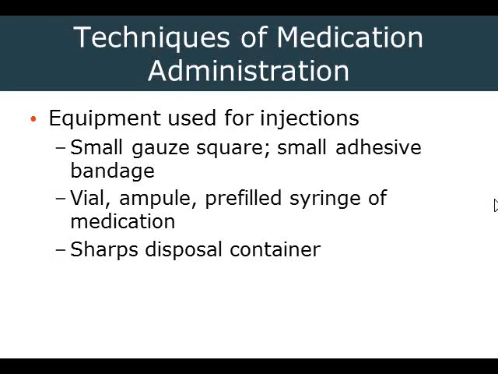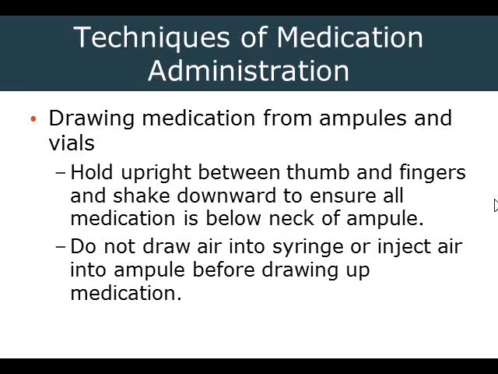Now, while I'm mentioning the amps and vials, I'll draw your attention to page 301 in your textbook. Picture number 1 there on 301 shows an ampule. What you don't see under his fingers, well, you can see what he's got in his fingers if you look at picture number 4.